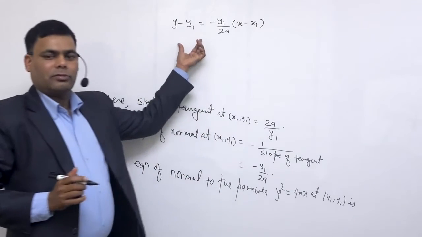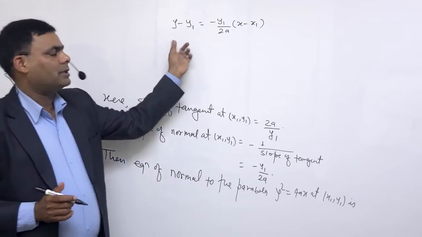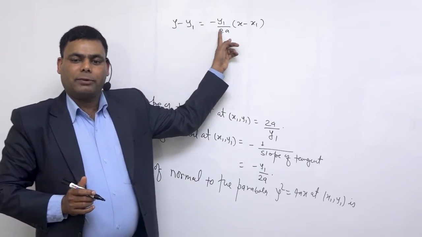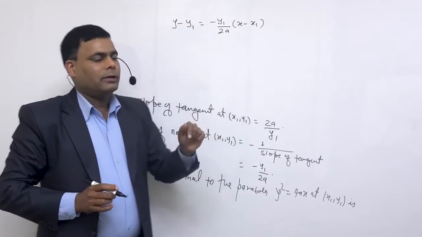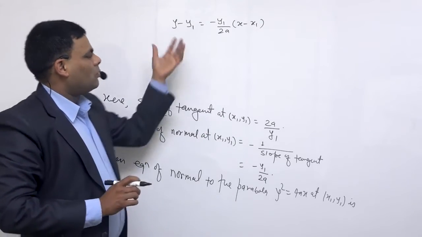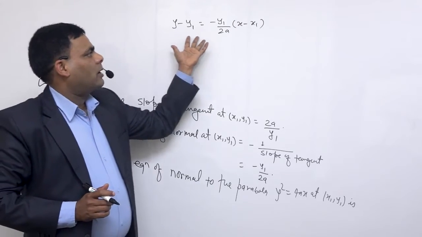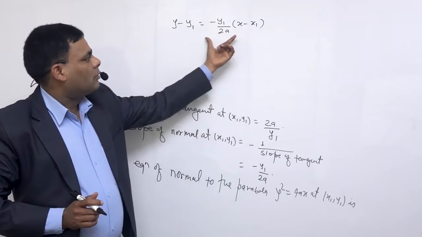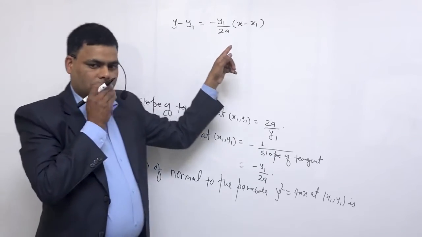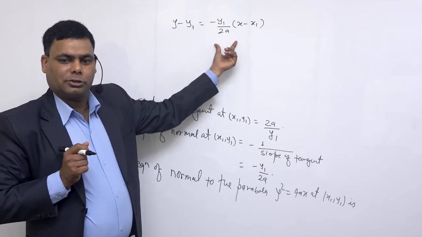As we know that the equation of the line which passes through the point x1 y1 with slope m is y minus y1 equals to m into x minus x1. So we applied the point-slope form formula for the line passing through this point. Here minus y1 by 2a is the slope of normal.